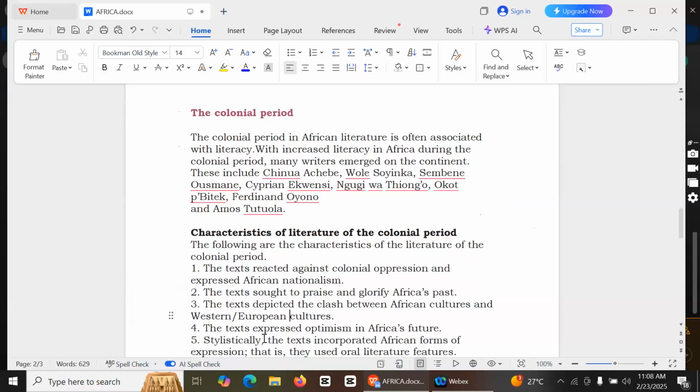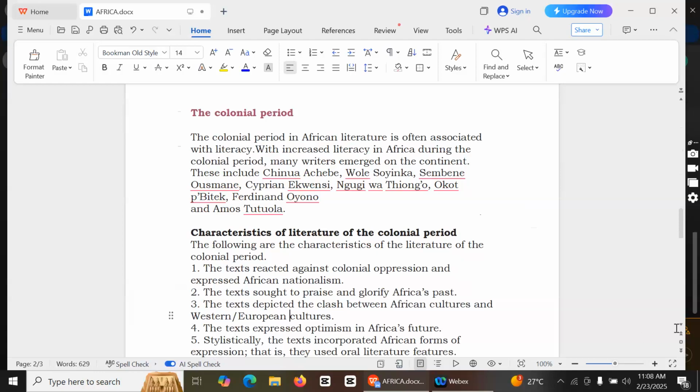They didn't colonize only one way, but psychologically and physically, because physically they took our materials, our property, our richness, and took them to their countries.